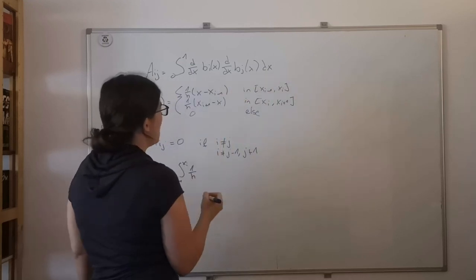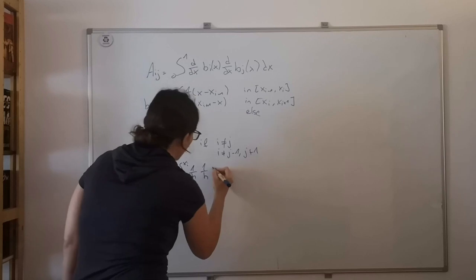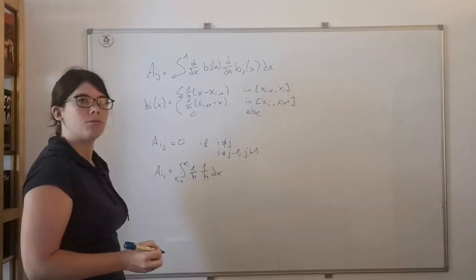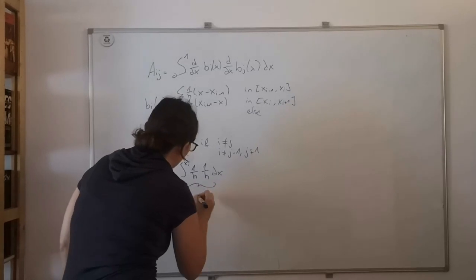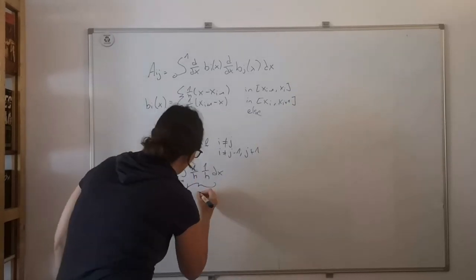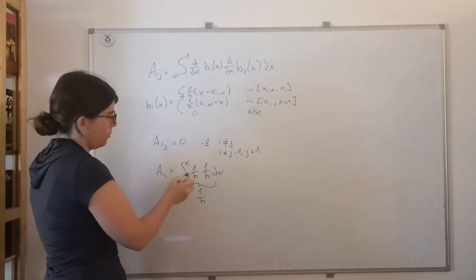And then since it was b_i times b_i, we have 1 over h dx. So this part will just give us 1 over h, because we get an h factor from the integral itself.